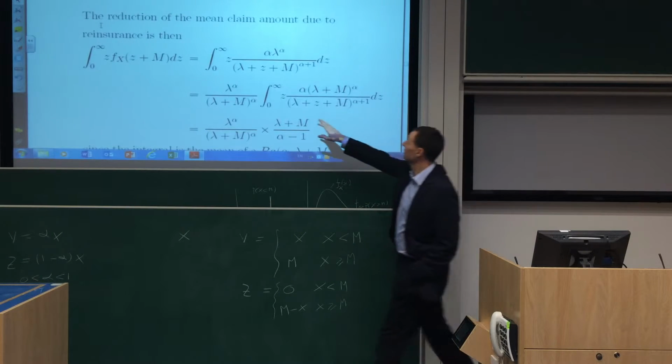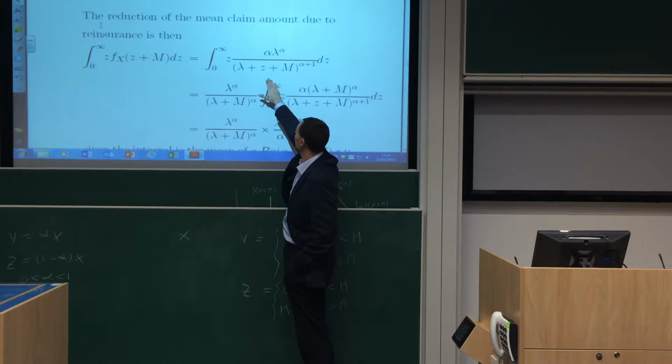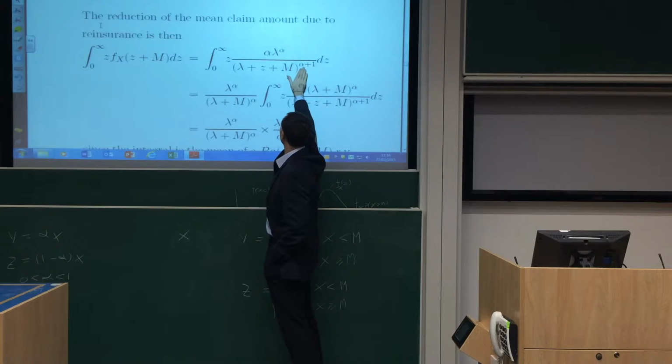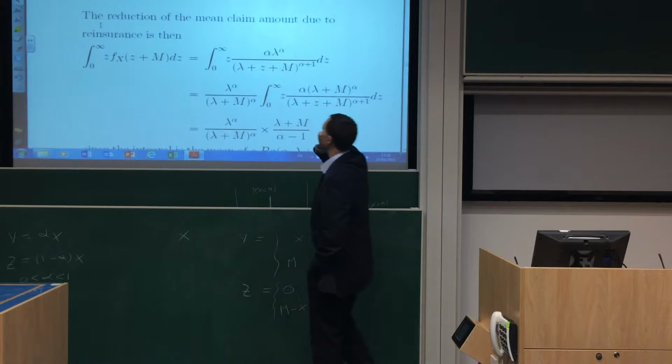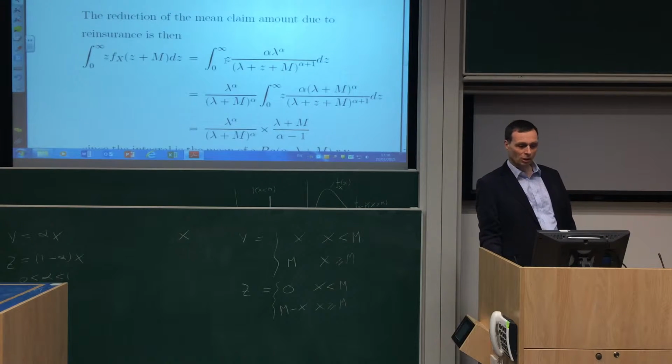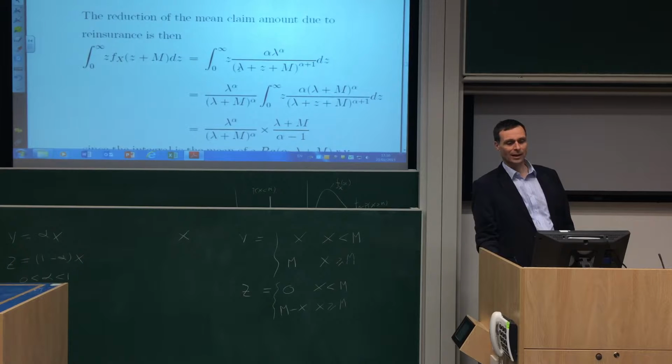This looks a bit like the PDF of a Pareto, but with parameter lambda plus M. Yes. So if you look at this, it's a Pareto with parameters alpha and lambda plus M, but with a z there. So it's going to be the expectation. So this is going to be related to the expectation of a Pareto with parameters lambda plus M and alpha. So what do I need? I need to have the PDF of that Pareto here, which is what I've got here.